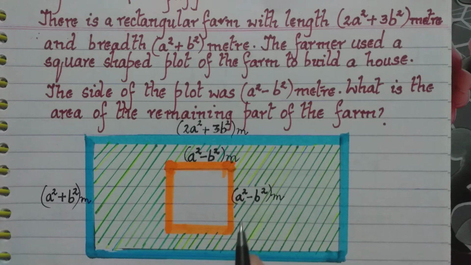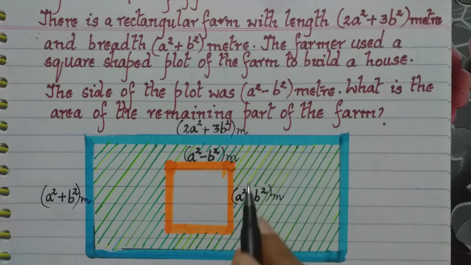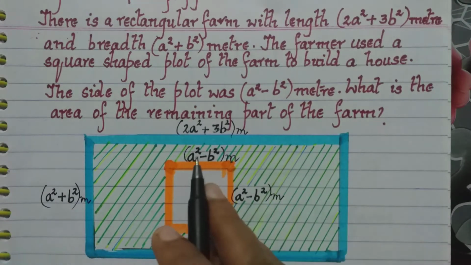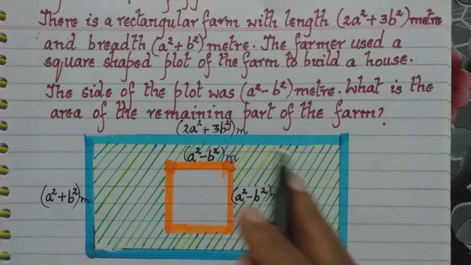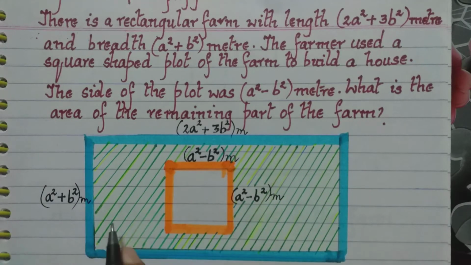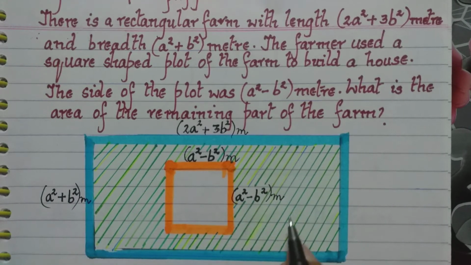Then we can also find the area of the square shaped plot. We know the area of the square is side into side. So we use that and find it. Then the area of the rectangle minus the area of this plot will give us all this area around, which is represented by oblique lines.